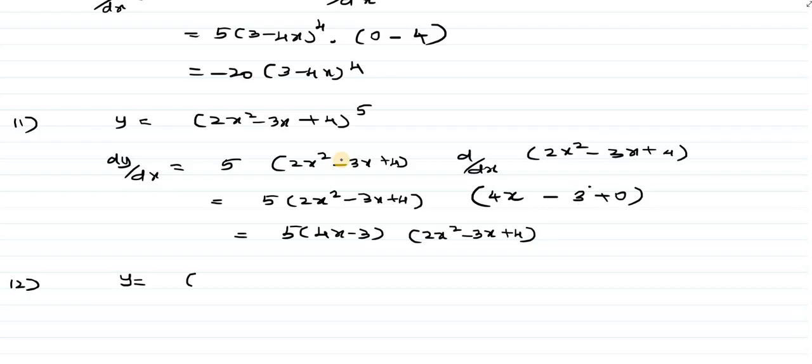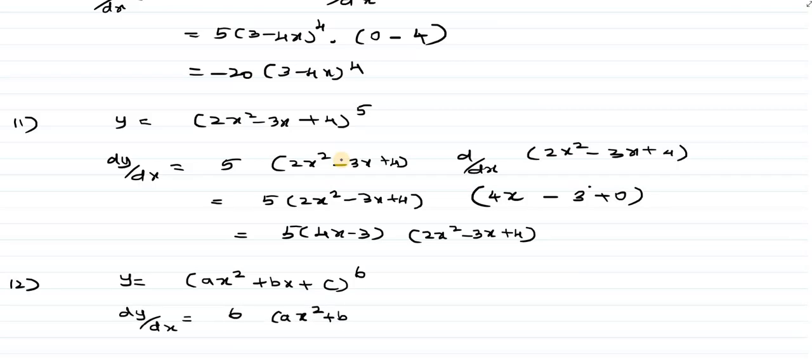Next is what? y = (ax^2 + bx + c)^6. So first the power we have to differentiate. Power is 6. Inside, whatever the function is, I have to write as it is. Then I will reduce the power by 1 and then d/dx of the function inside I have to differentiate. Correct?